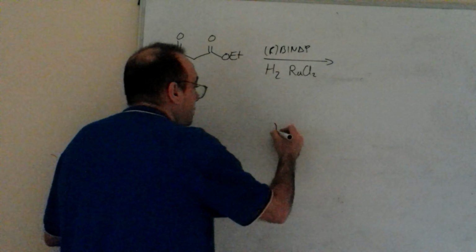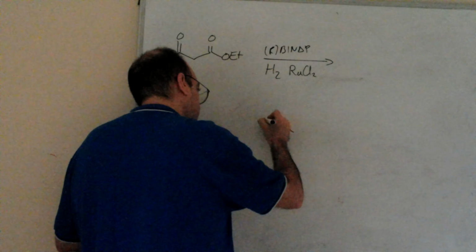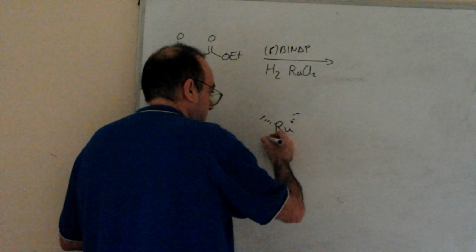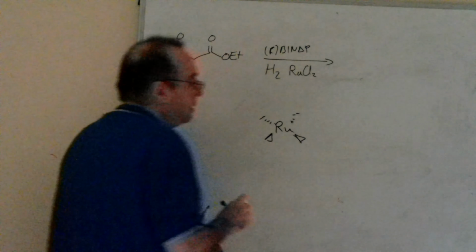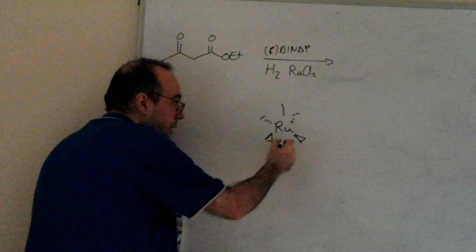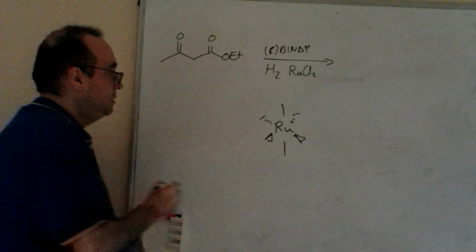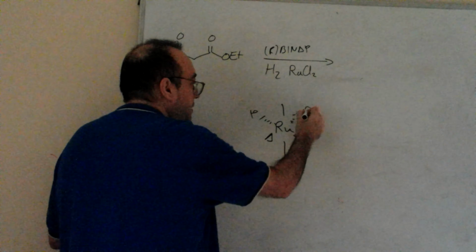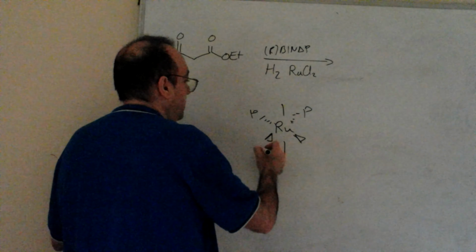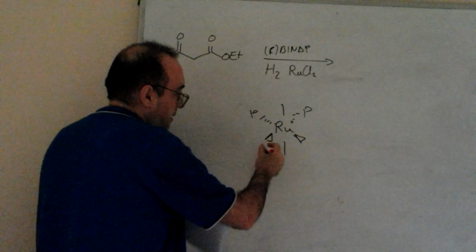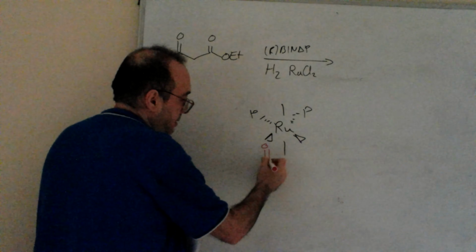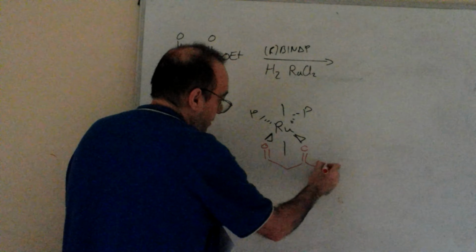That means we put the ruthenium here. And here are the 8 positions. The phosphine, we put it behind. Okay, and we put the ketoester just in front.